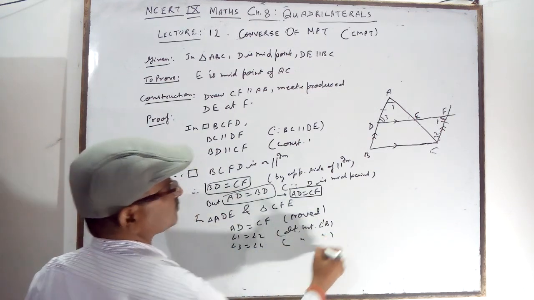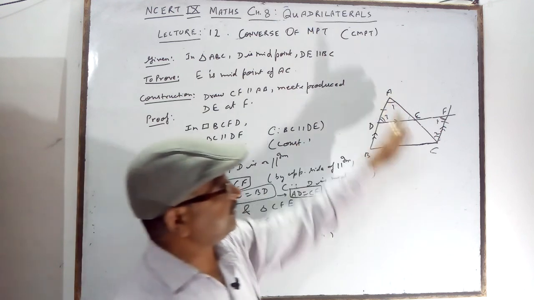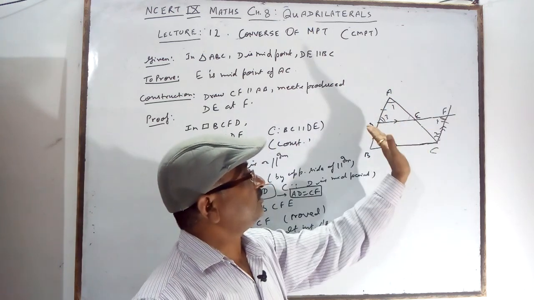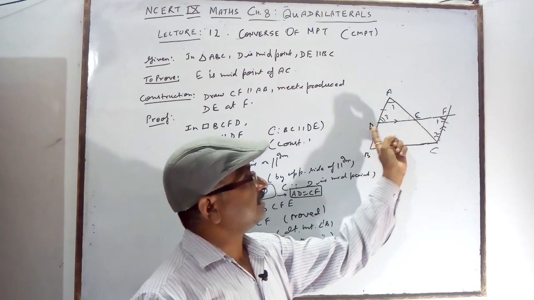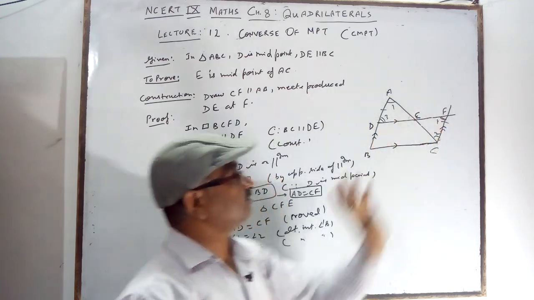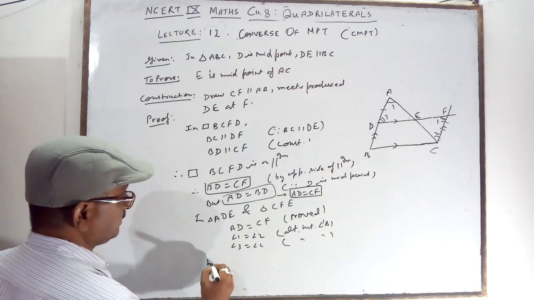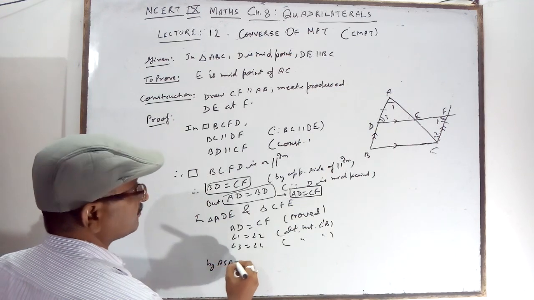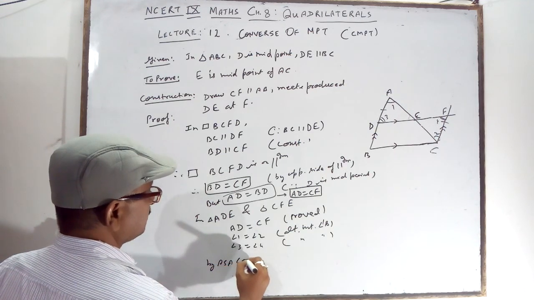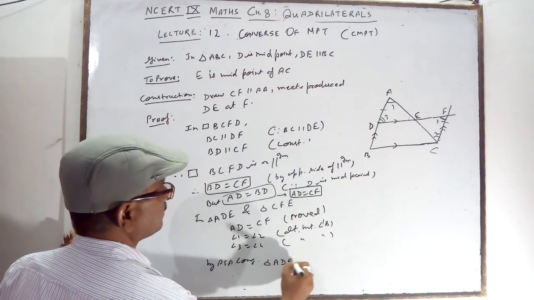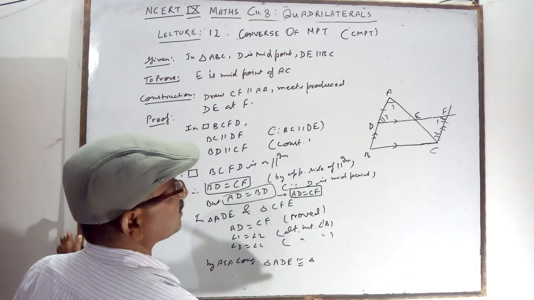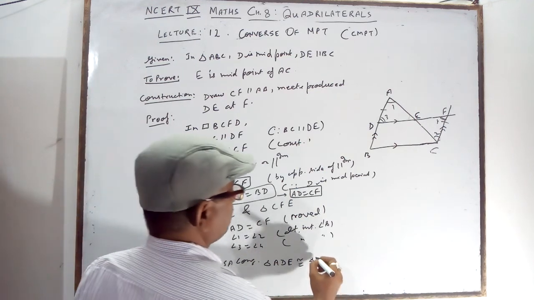Again by the same process, because this line is parallel to this line. When you take the transversal AC, you will get 1 and 2. You take the transversal DF, then 3 is equal to 4. By ASA, angle side angle congruency, triangle ADE is congruent to triangle CFE.